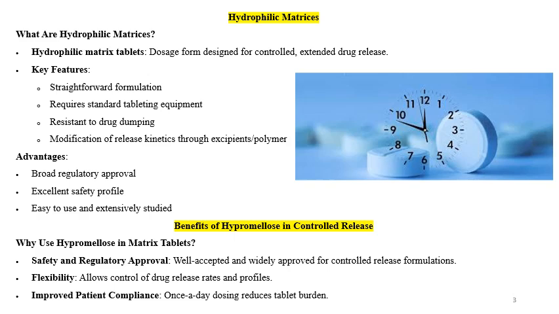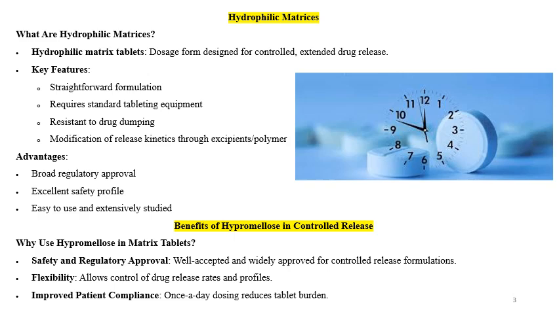Coming to the key features of this hydrophilic matrix, it is a straightforward type of formulation, requires standard tableting equipment, is resistant to dose dumping, and modification of release kinetics through excipients and polymer is possible. This is the advantage of this system, that it does not require any special technology.